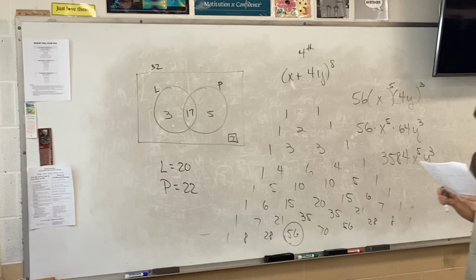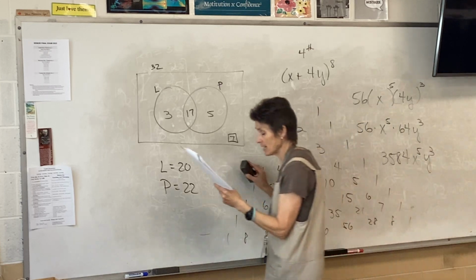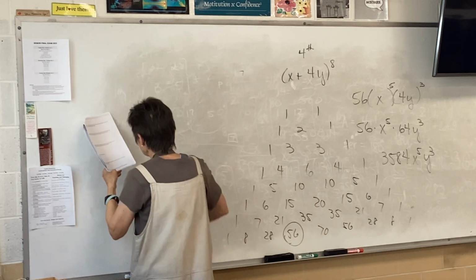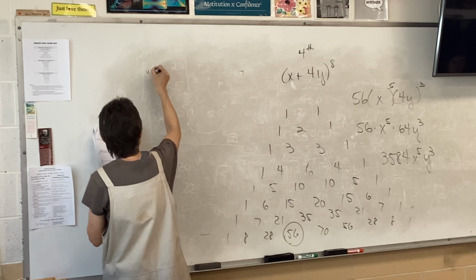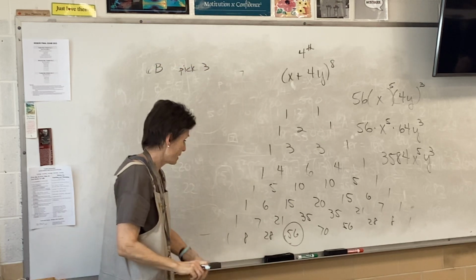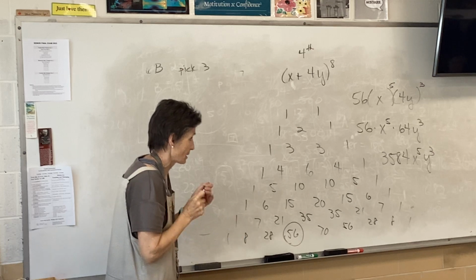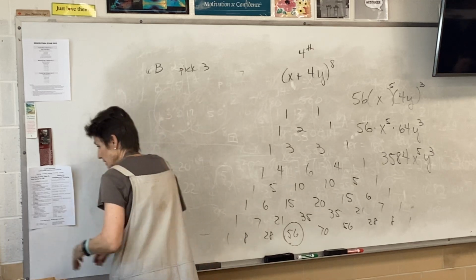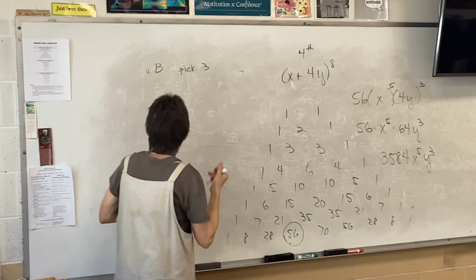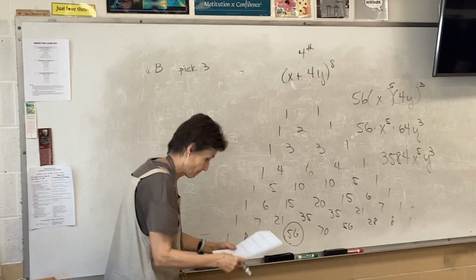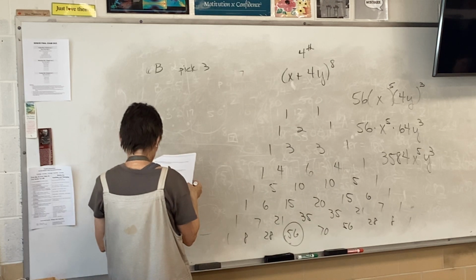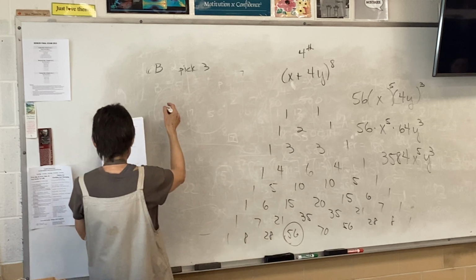Now, number 20. How many ways can I choose 3 boys and 3 girls from a group of 6 and 7? So I have 6 boys, and I'm going to pick 3. I have 7 girls, and I'm picking 3.